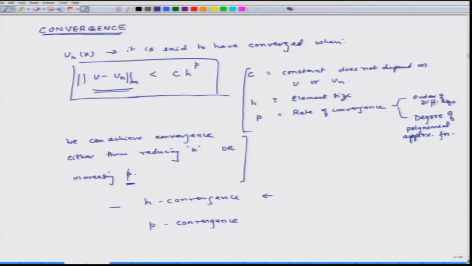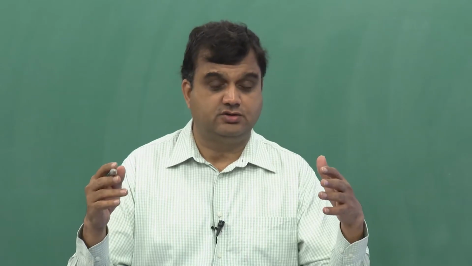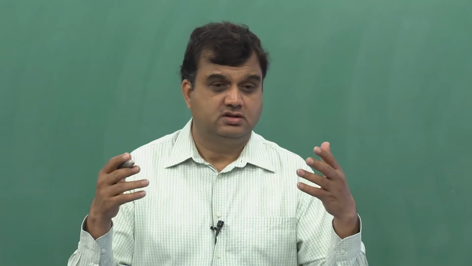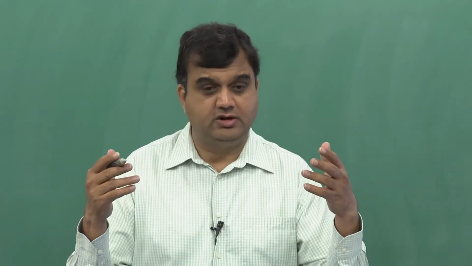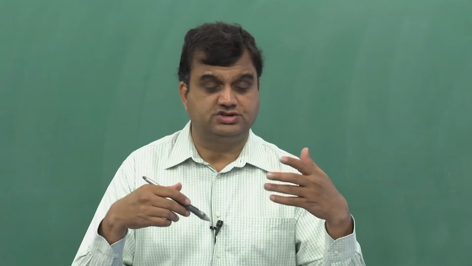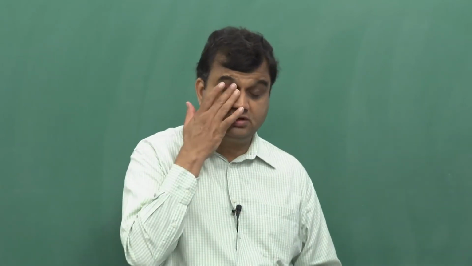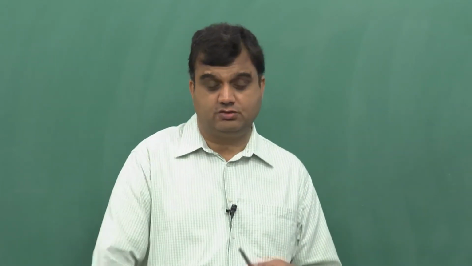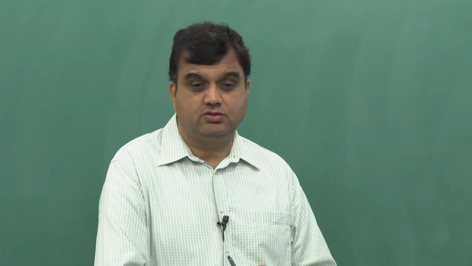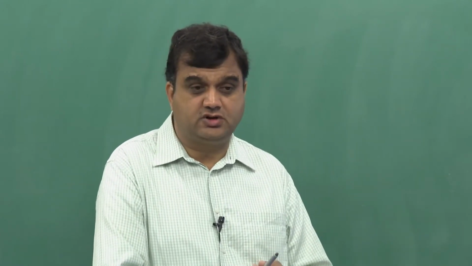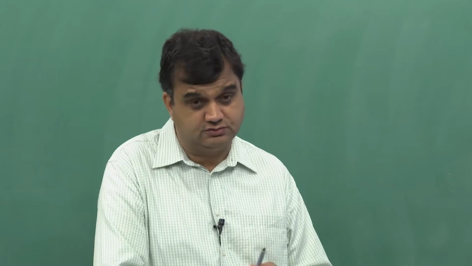Here the number of elements is not changing, but what you are doing is gradually increasing the degree of the polynomial approximation function. So, you start with elements which may be linear in nature, then you go to quadratic elements, then cubic elements, maybe then quartic elements, fifth order elements, sixth order elements, and so on and so forth.